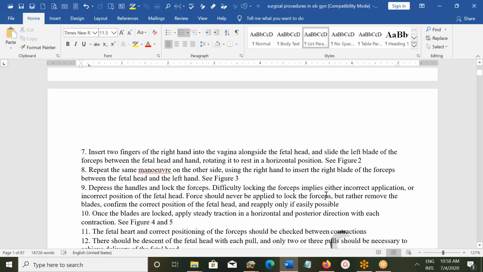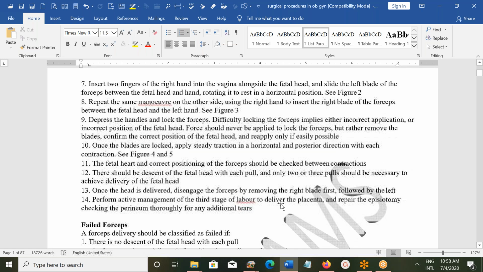Difficulty locking the forceps implies either incorrect application or incorrect position of the fetal head. Force should never be applied to lock the forceps; rather remove the blades, confirm the correct position of the fetal head, and reapply only if easily possible.